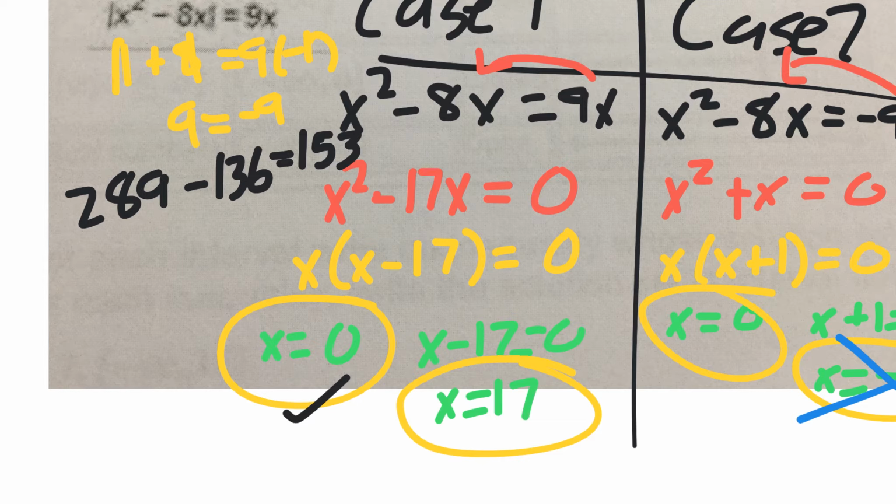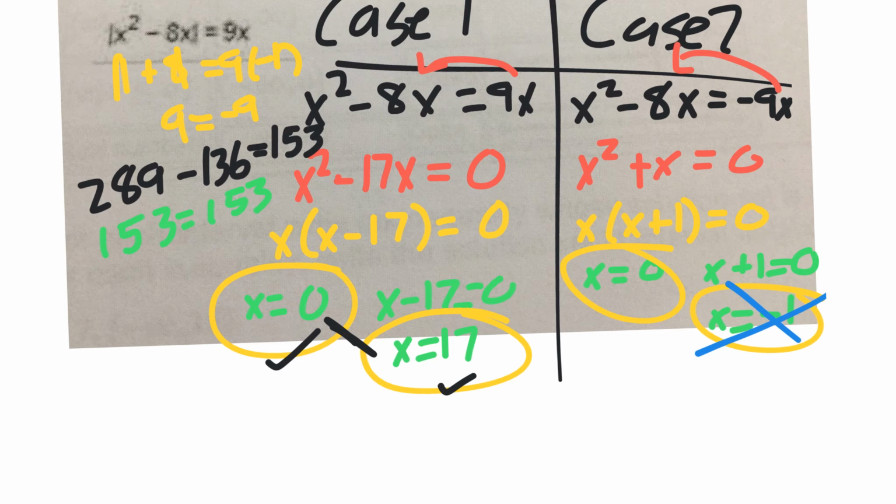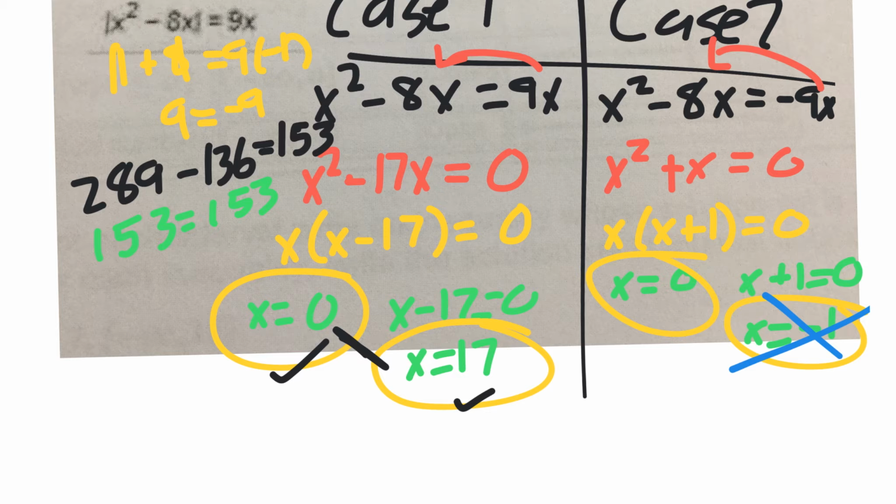And so 289 minus 136 is 153 equals 153. So 17 works. So my only two solutions are 0 and 17. And it turns out in this case that negative 1 did not make the absolute value true.